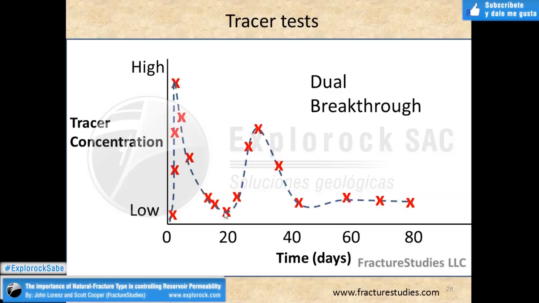So just as we anticipated from the previous work by logging cores and determining the orientation of these fractures relative to our injector and our receiving well, we have a dual breakout with the first one being from bed A with those parallel extension fractures, and the slower breakthrough and slower return of all the tracer being here on the right through our conjugate shears in bed B.